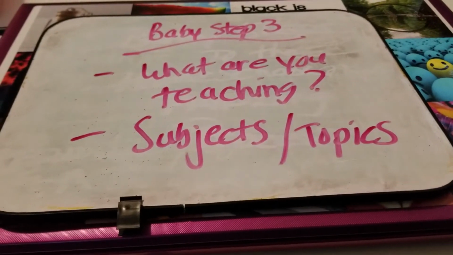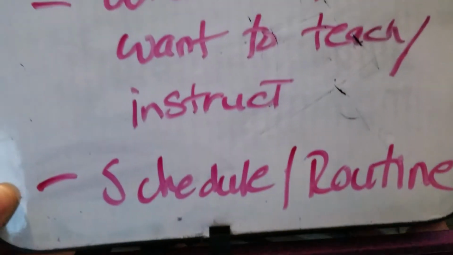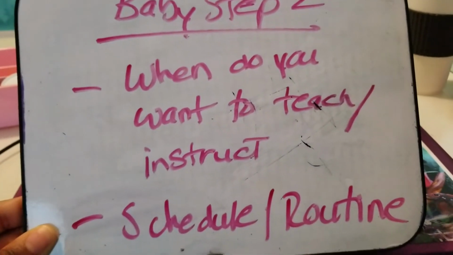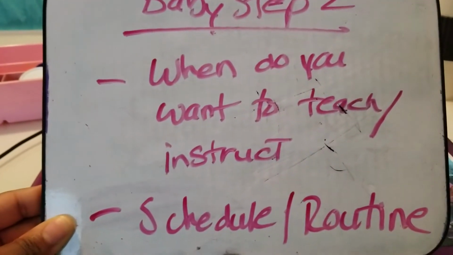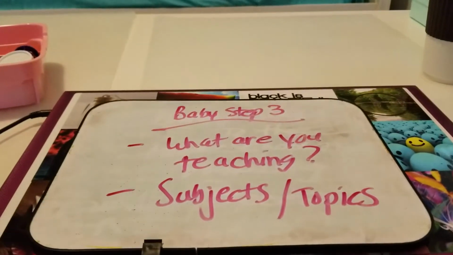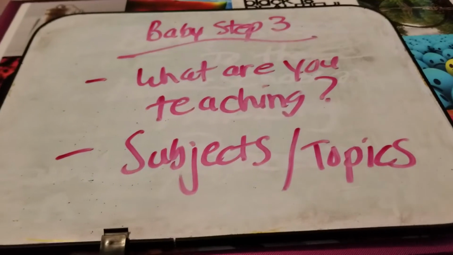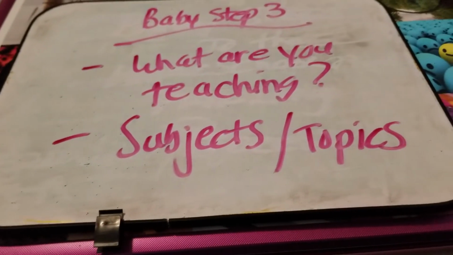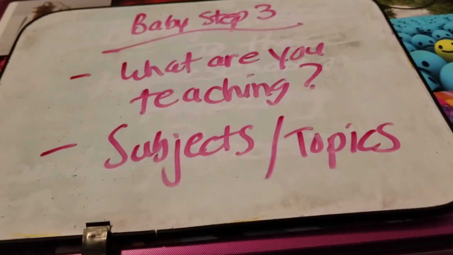And remember what we talked about in baby step 2, when we talked about when you want to teach or instruct, right? The when. That also ties into step number 3, because you don't have to teach every topic every semester, every quarter, or even every year.